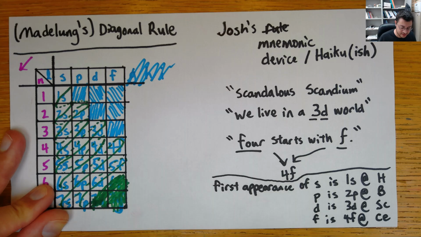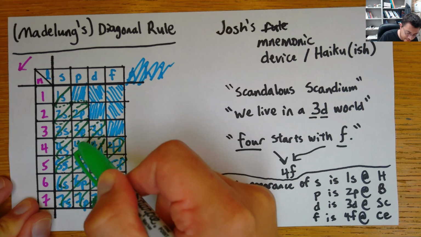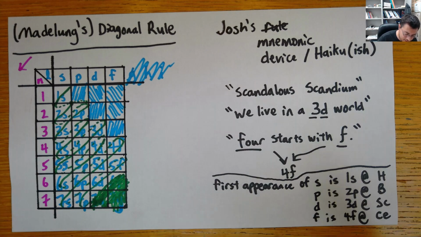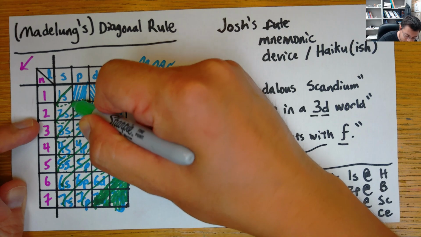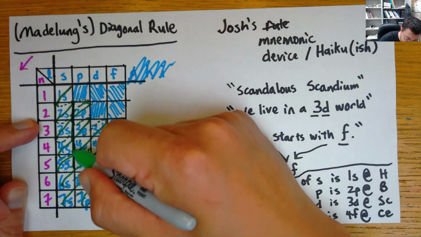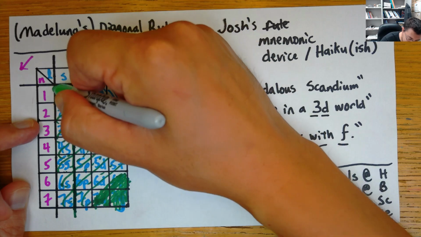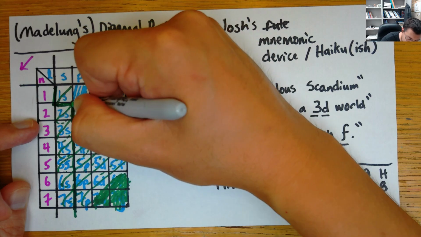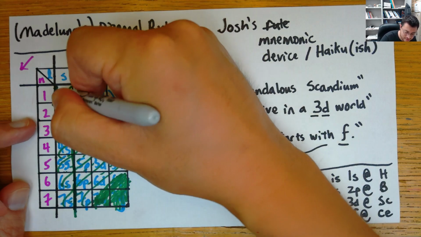Instead of it being a 4d, you looped around and went 4p. If you're wondering where a period, a row, ends, it always ends with the p, except if you're in the 1s. So that's the end of your row.